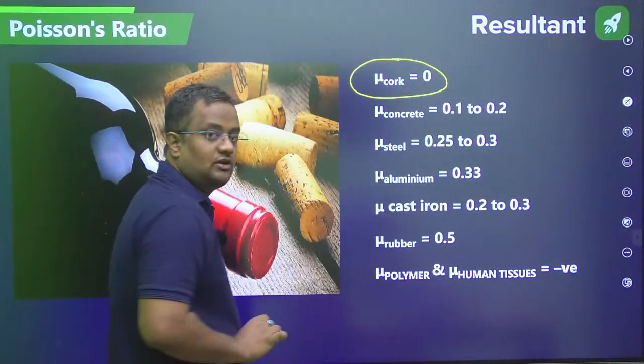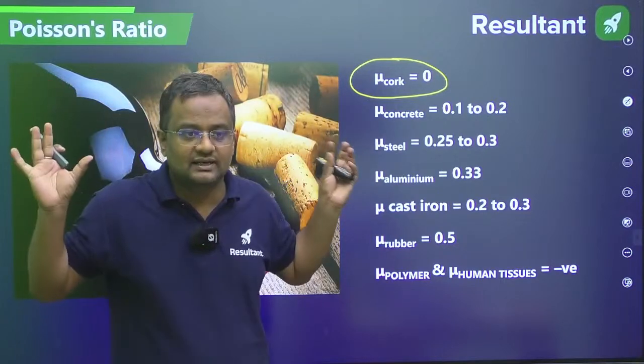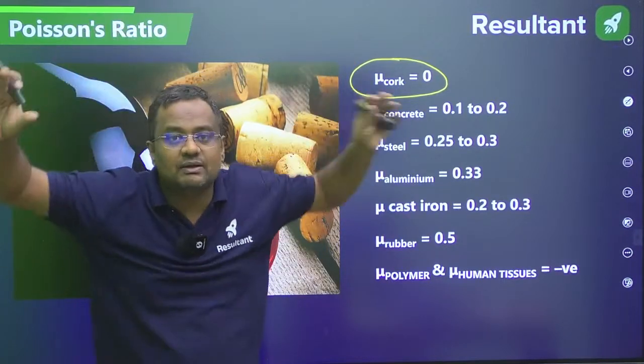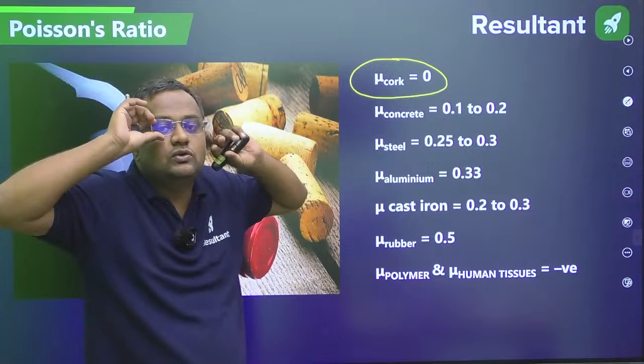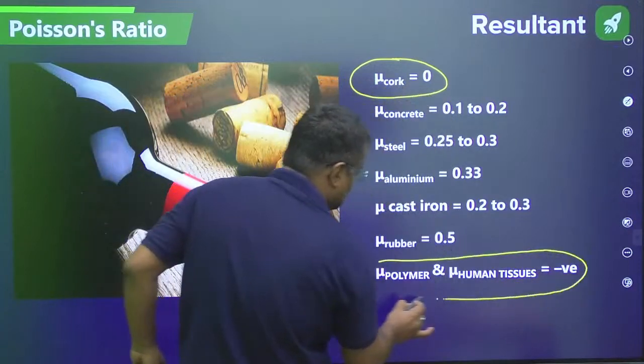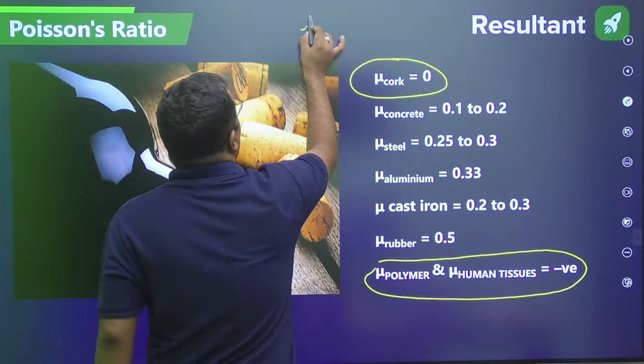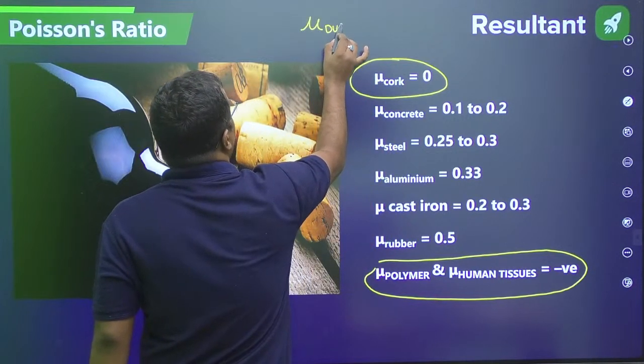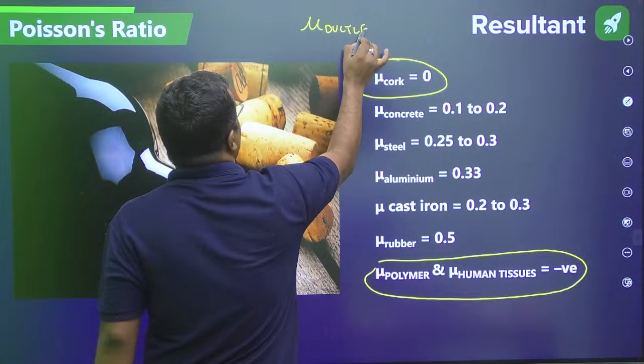There are infinite materials, and you can't remember infinite values. So let me tell you what the important values are. This is important, and one more important, mu for ductile materials. All ductile materials are in this category.